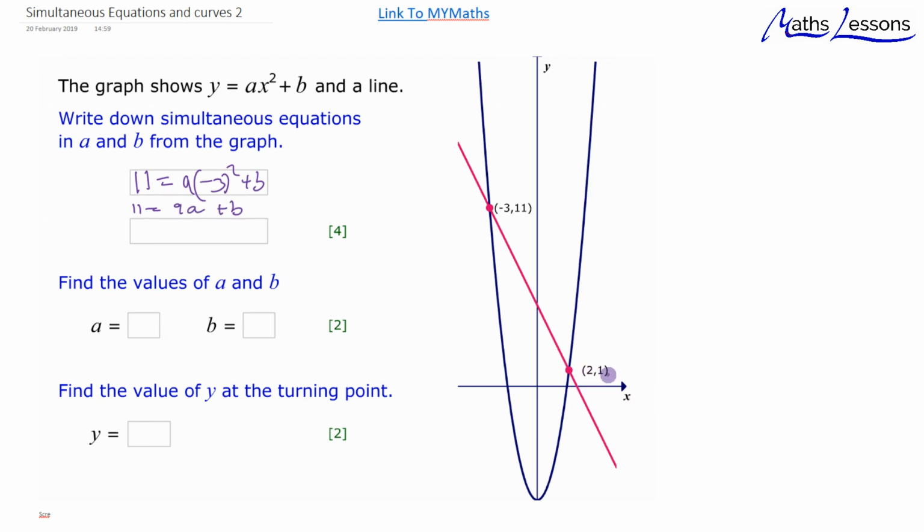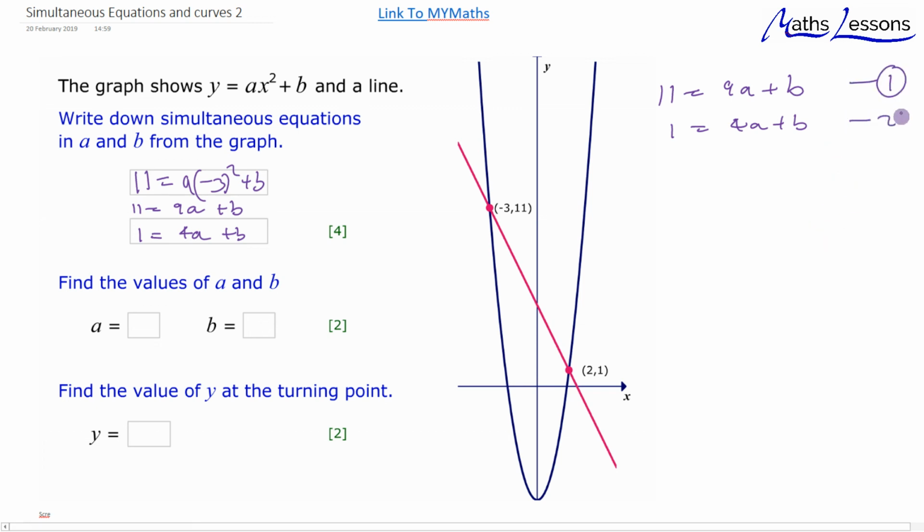And on the next one we've got 2 and 1, so we're going to put 1 in for y. And 2 squared is 4, so we get 4a plus b. We have our simultaneous equations. 11 equals 9a plus b, and 1 equals 4a plus b. That's equation 1, and this is equation 2.